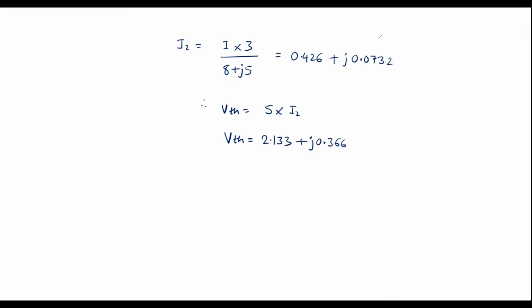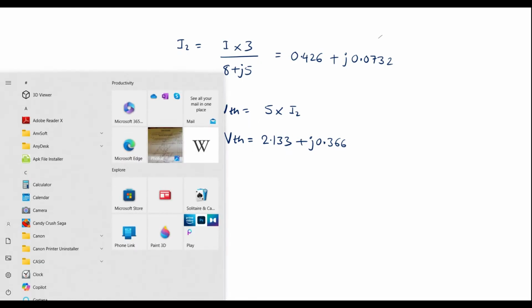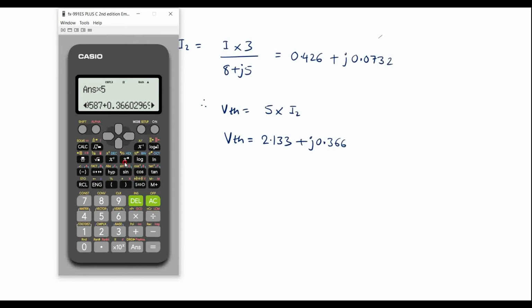Let me keep this in polar form. So always the answer should be kept in rectangular as well as in polar form. To keep this value in polar form, press shift, then go to complex. Here it shows 4 choices. In that we need the third choice, which is magnitude and angle.